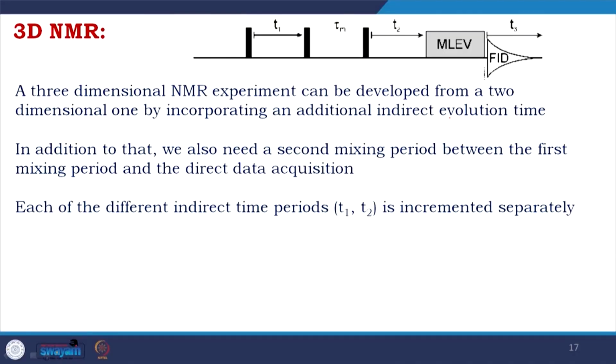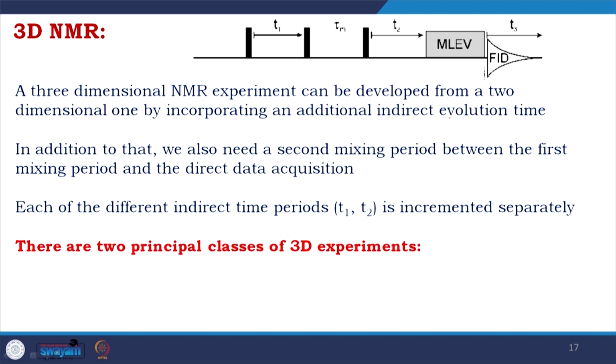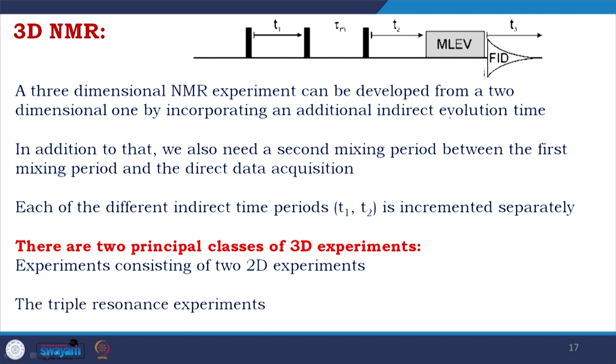But 1D, 2D, 3D are the most common practice. Each of the different indirect time periods, t1 and t2, is incremented separately. There are two principal classes of 3D experiments. One, experiments consisting of two 2D experiments merging their results, and the other, the triple resonance experiment.